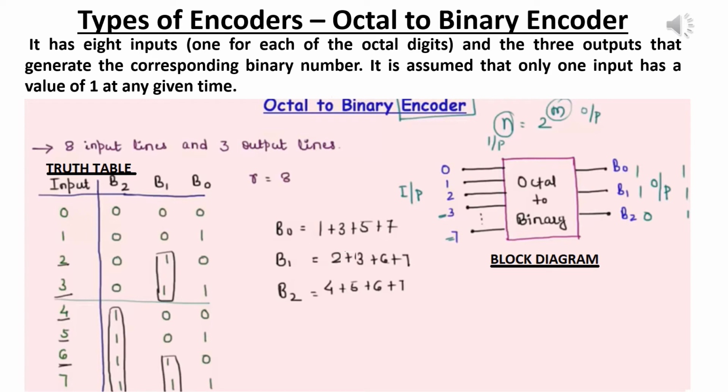So we can write B0 equal to 1 plus 3 plus 5 plus 7. So if any one of these inputs is active, then my B0 value will be activated. Then B1 can be written as 2 plus 3 plus 6 plus 7. Similarly B2 can be written as 4 plus 5 plus 6 plus 7.